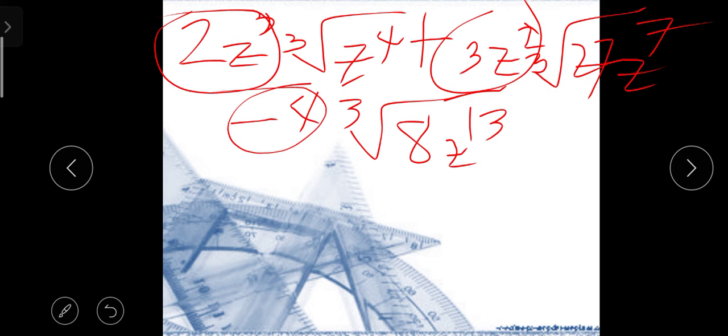Kasi ang gagawin natin dito is paghihiwalayin natin siya para magkaroon tayo ng common. Okay? So halimbawa, sa z raised to the fourth power, si z at si z raised to the fourth power ay paghihiwalayin natin siya. Magkakaroon tayo ng z cube times z. Etong z ay automatic naka-raise siya sa 1.